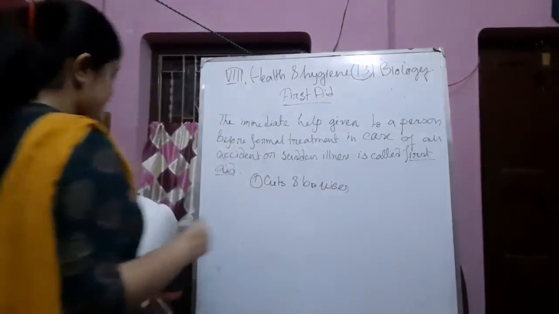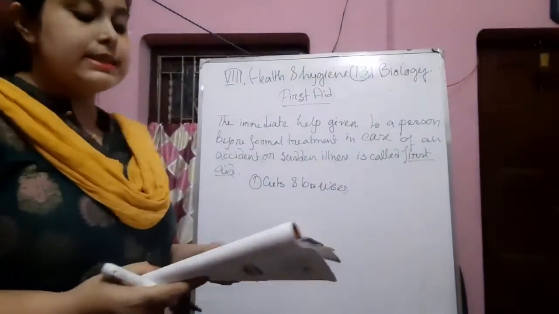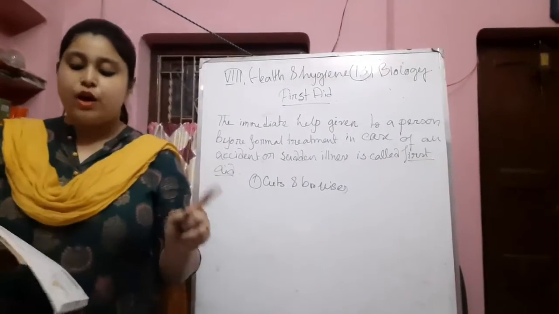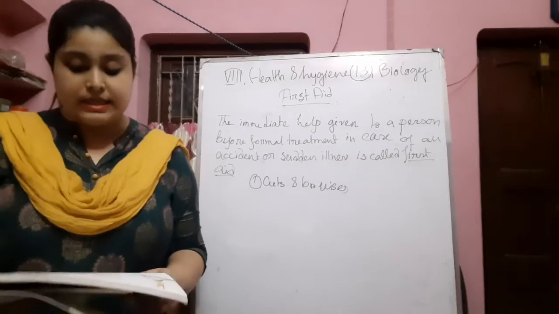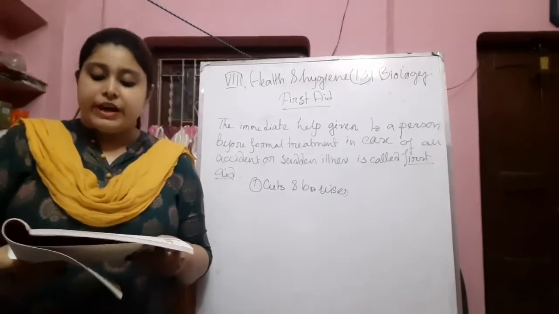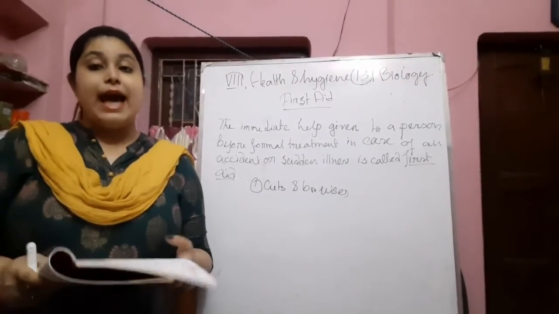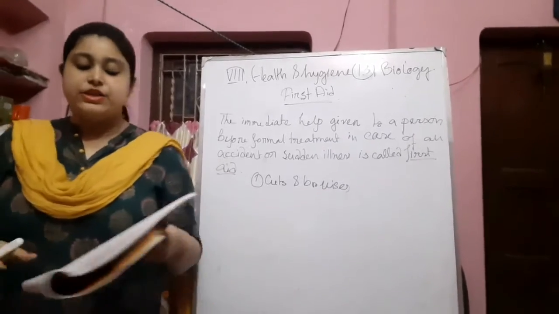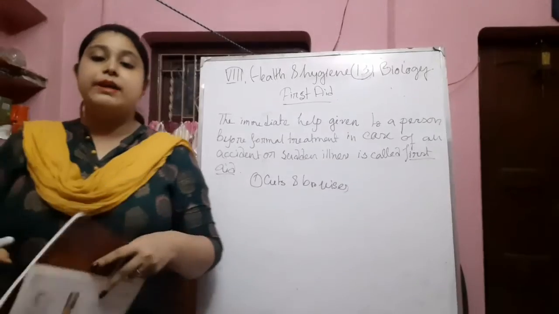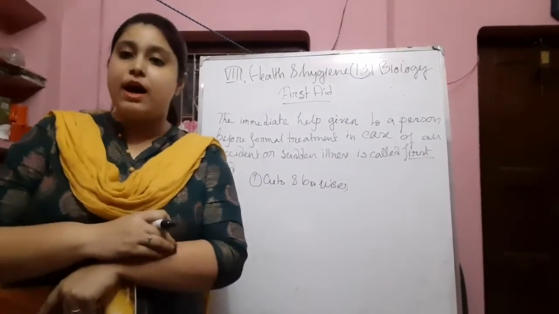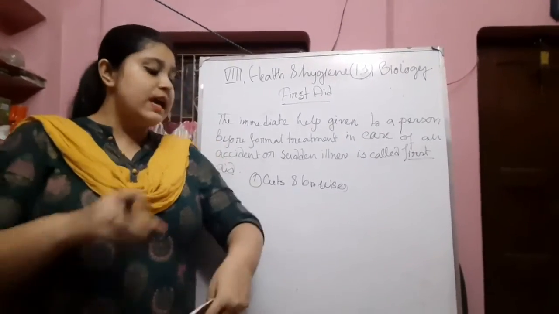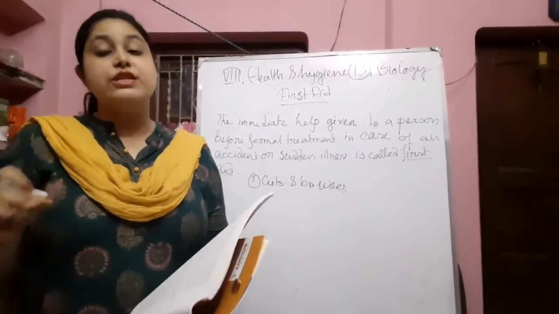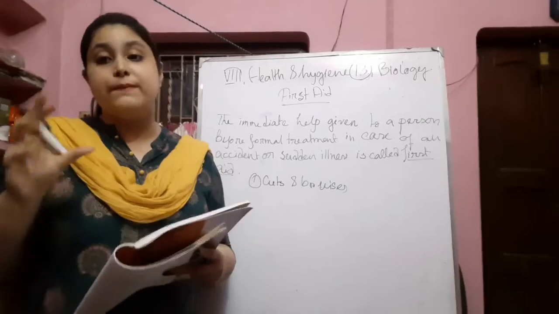A cut is a break on the skin, while a bruise is an injury of the tissue under the skin, which causes a blue and black mark. Application of ice packs reduces these marks. So a cut is in the outer part, and a bruise is a tissue injury under our skin, which forms the blue mark.